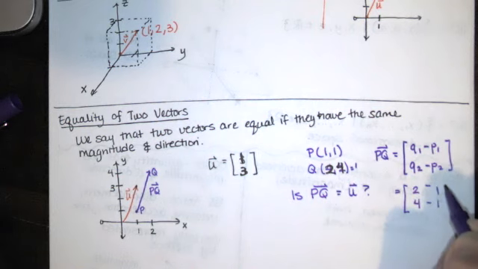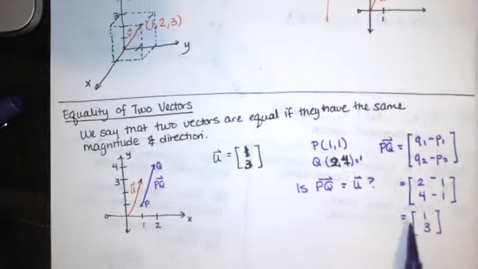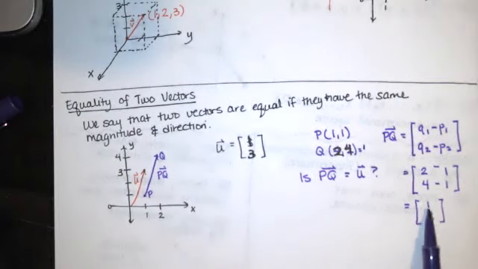P1 and P2 are both equal to 1. So if we simplify, 2 minus 1 is 1, and 4 minus 1 is 3. We see that PQ is the vector with components 1 and 3, and u is the vector with components 1 and 3. So these two are equal to each other.